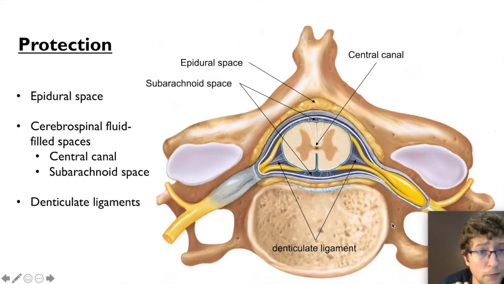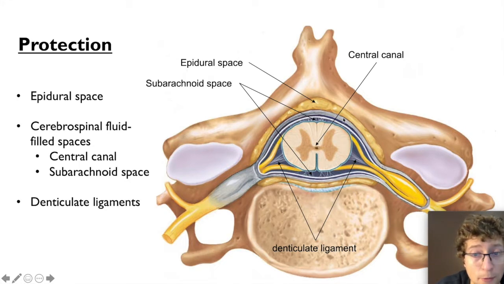Okay, a few more structures that are used for protection. There's this layer of tissue called, or this space called the epidural space, which is filled with adipose tissue. So if you've ever heard of an epidural, this is where an anesthetic will be injected during pregnancy into this epidural space, and then that anesthetic will then leak into the spinal cord.